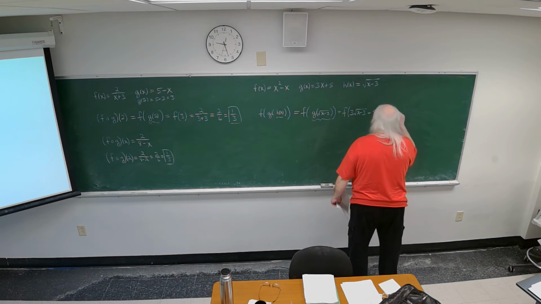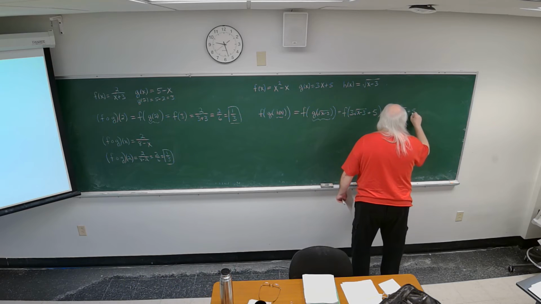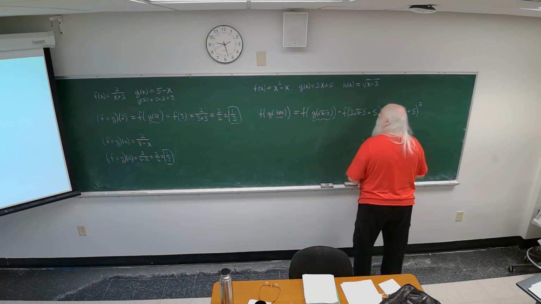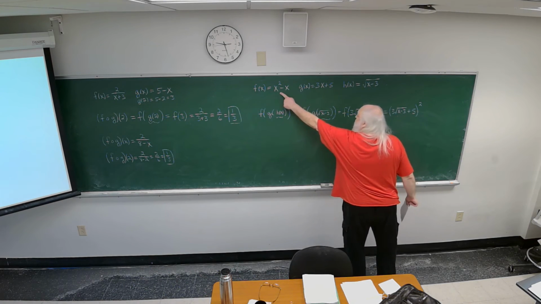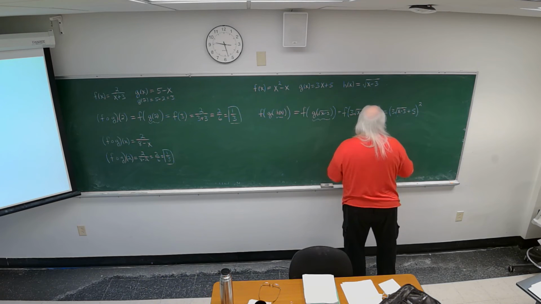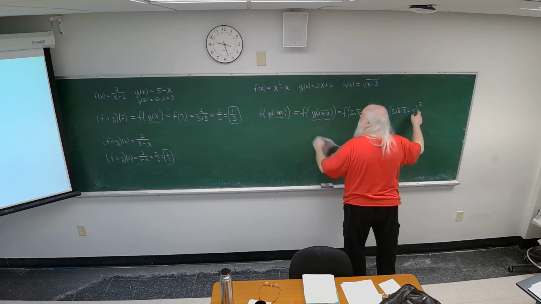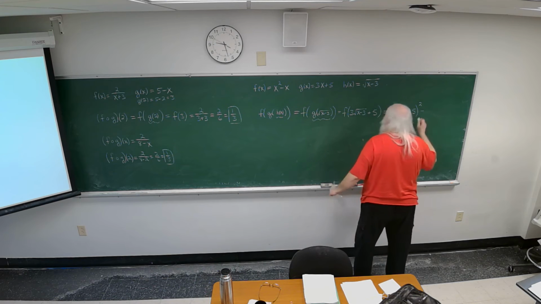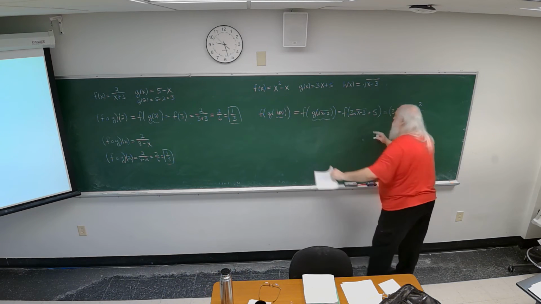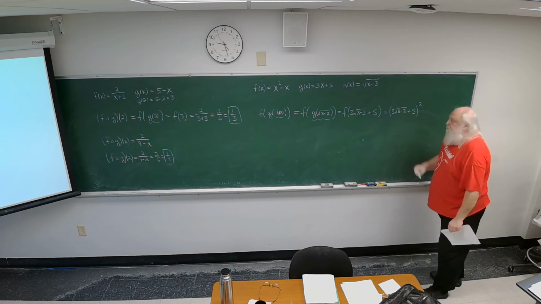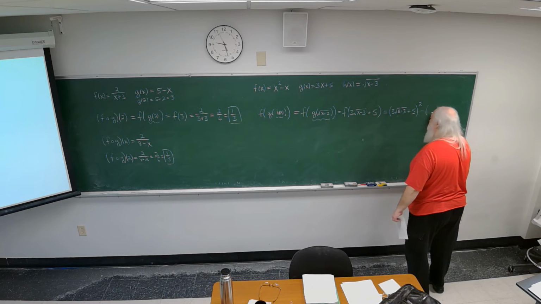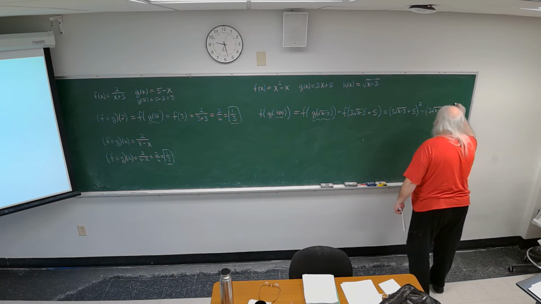So this is equal to 3 times the square root of x minus 3 plus 5, squared, right? And then minus, we can replace x here with what's inside parentheses here. Minus 3 times the square root of x minus 3 plus 5.